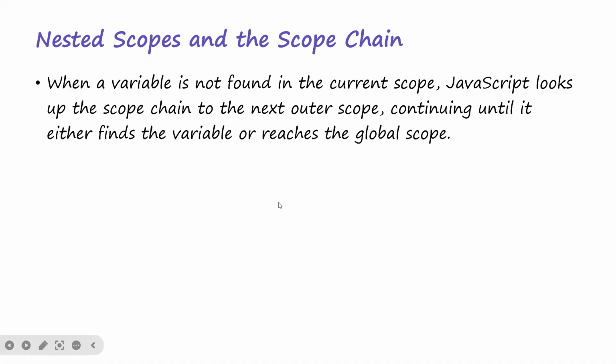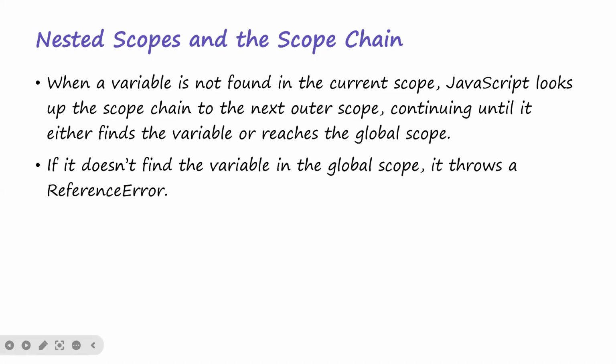So that is what we mean here. It will check the variable in its enclosing scope. If it doesn't see it there, it will go to the next scope, to the outer scope, until it finds it. Otherwise, it will throw an error.